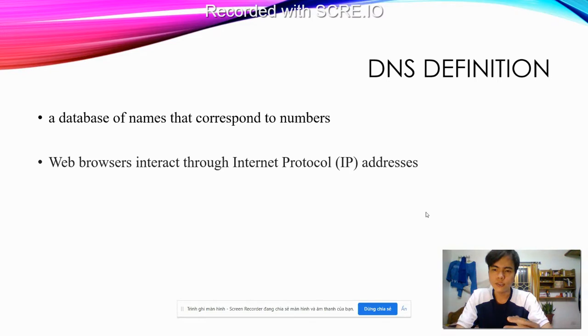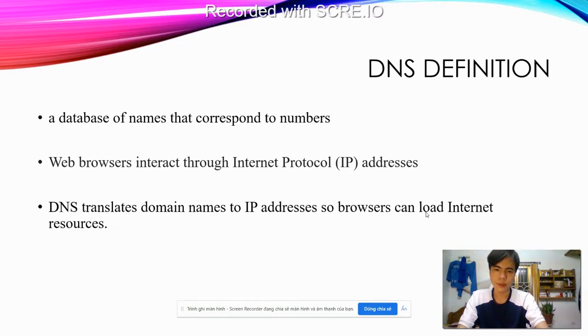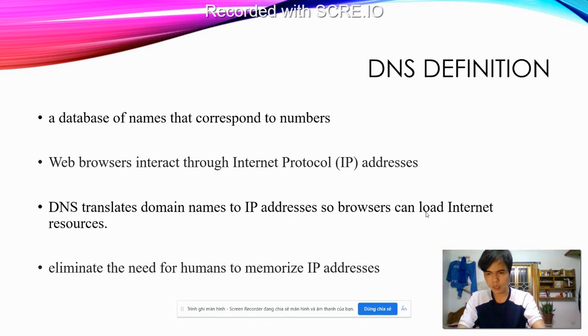DNS can translate the domain name to an IP address, as we talked about before. The browser interacts with the IP address, so it can load the internet resource and search for the user command or domain name when the user enters it.